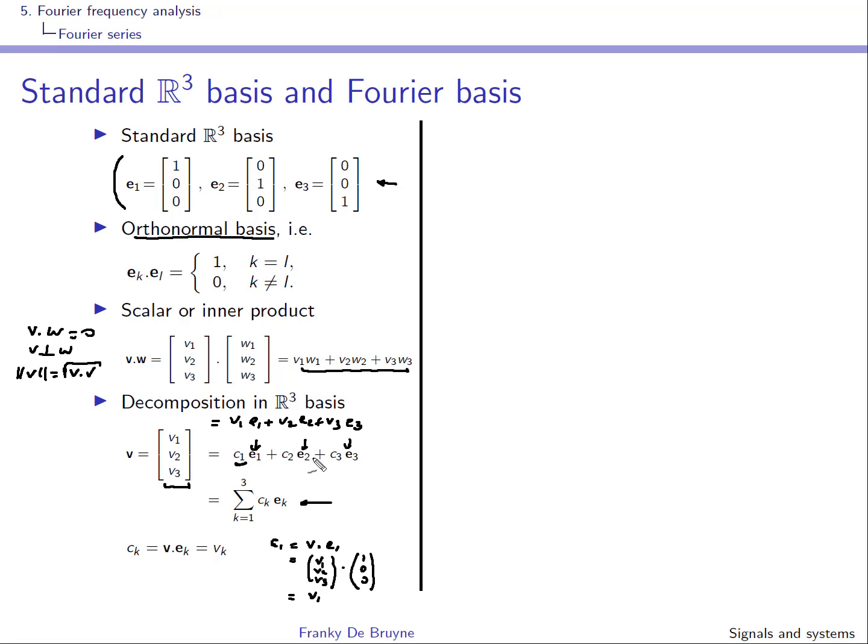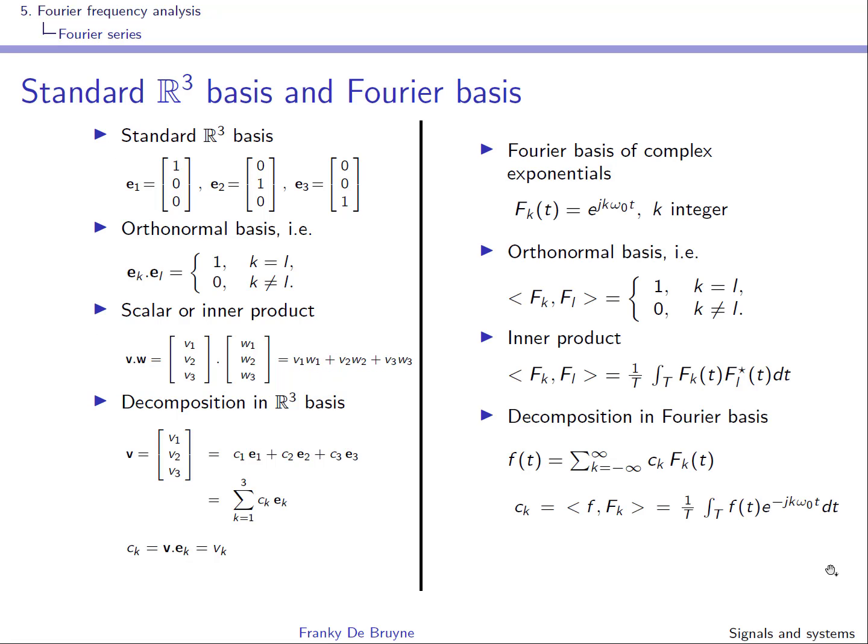So V can be decomposed in the standard R-cube basis as follows, and the coefficients, the coordinates C1, C2, C3, are simply obtained by taking the scalar product of the vector with the corresponding element in the basis.